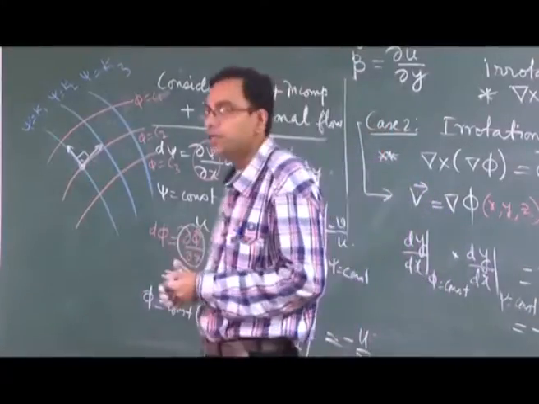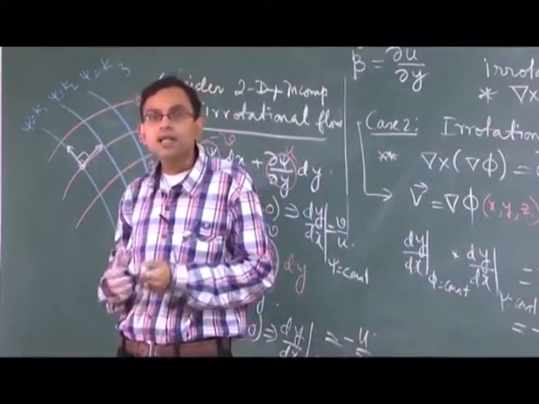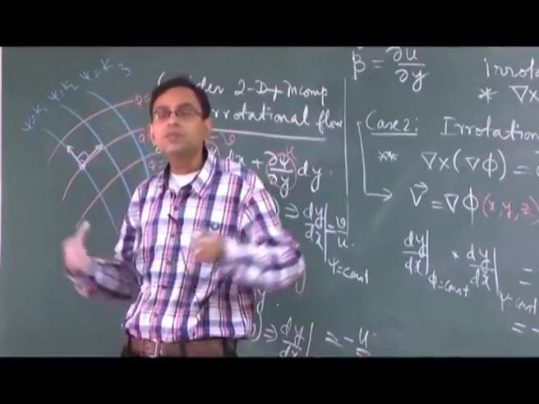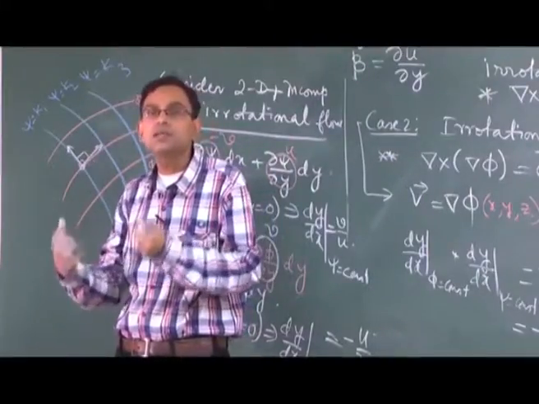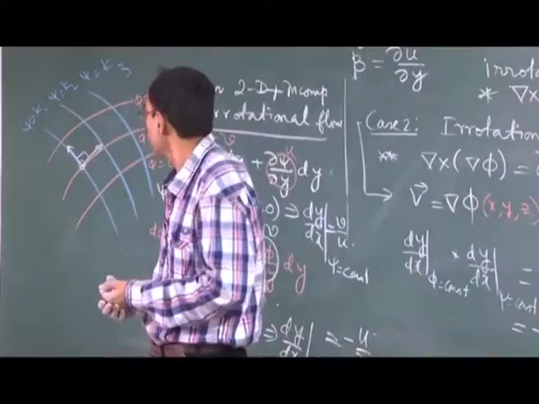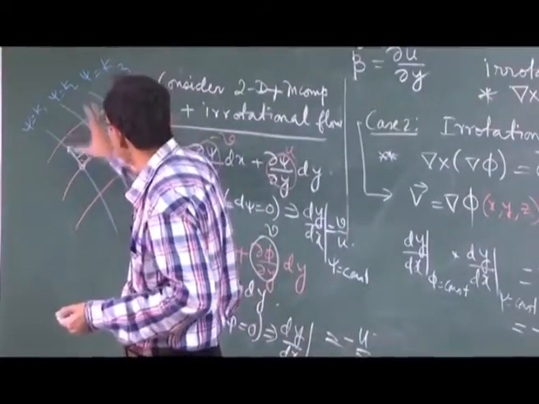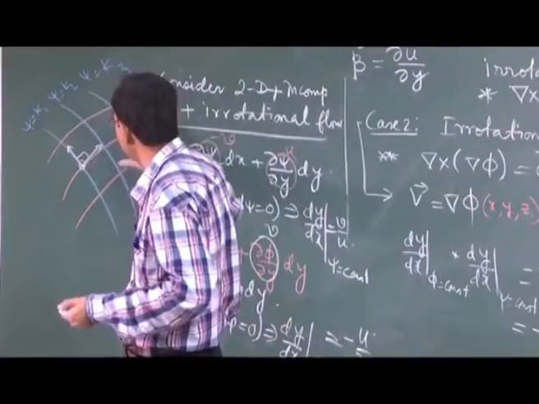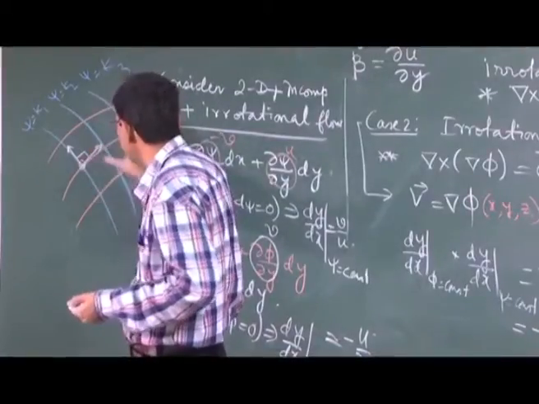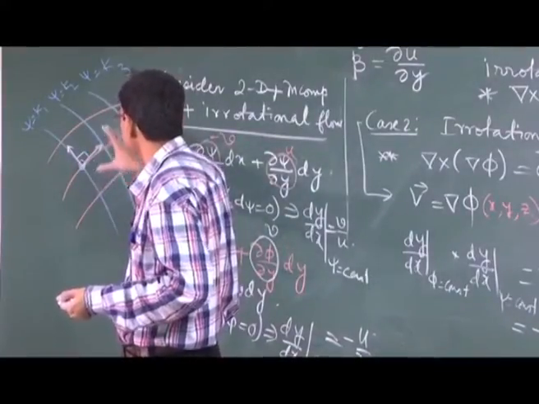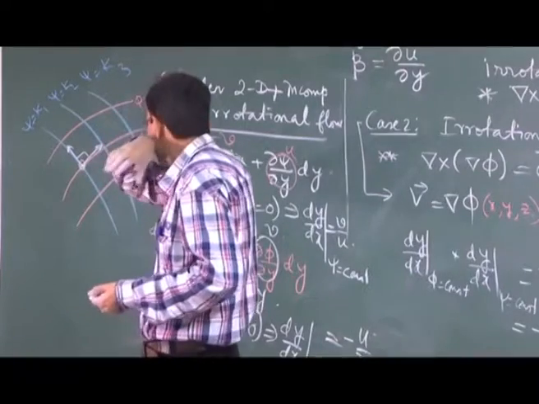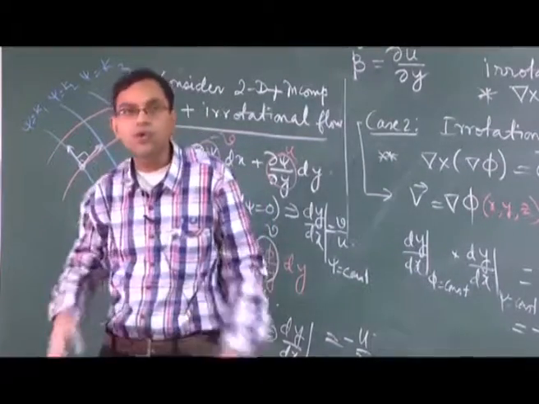So, a stagnation point is a point where the velocity comes to a standstill, that is, the velocity is 0. This kind of network structure, where you have phi equal to constant lines and psi equal to constant lines, a set of orthogonal lines, is also called a flow network, or flow net.